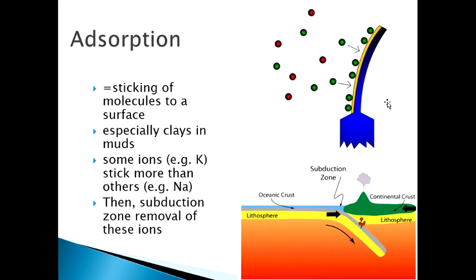They have a stickiness to them. They're not really sticky, but they aid in bonding. And so loose molecules floating in the water, like these potassium, these green ions, and these sodium ions, these blue balls, will stick to these clays. So they stick to the bottom.